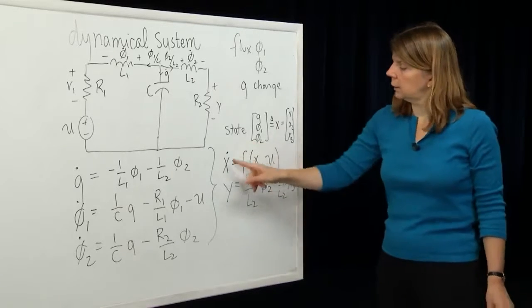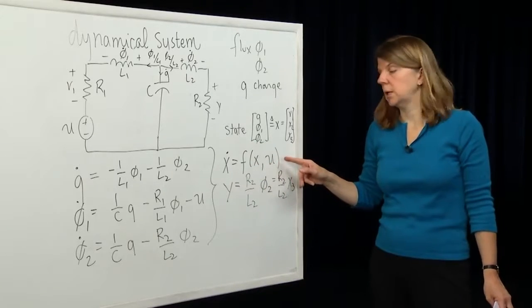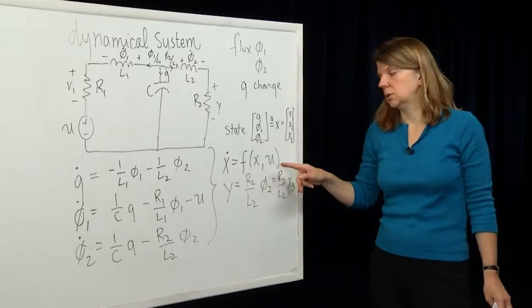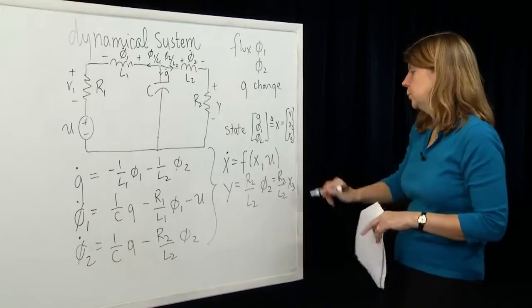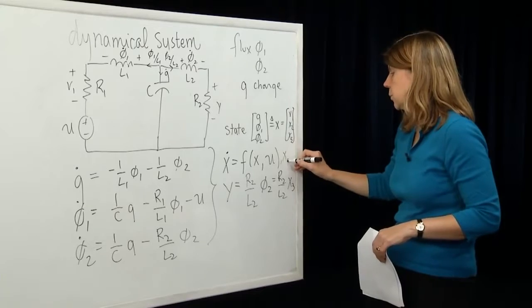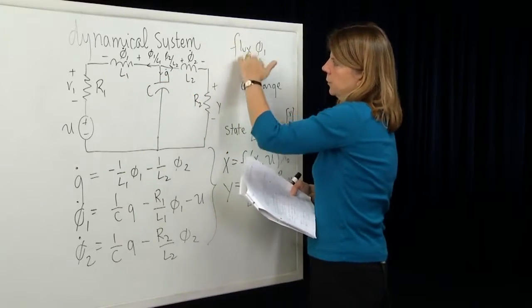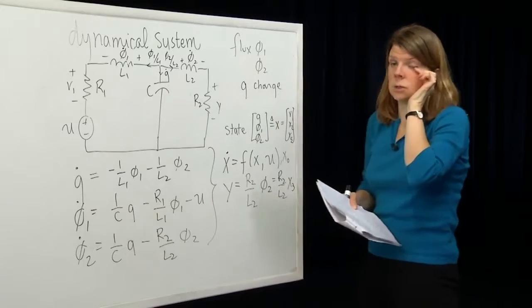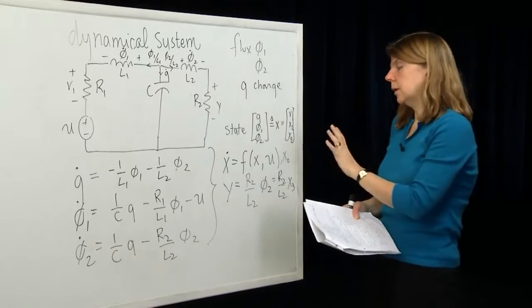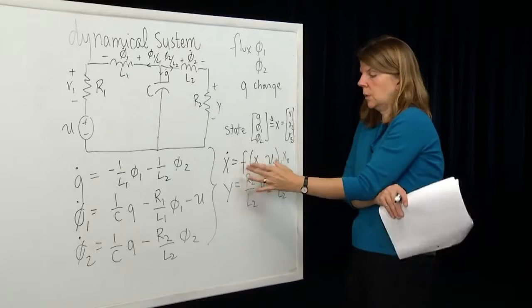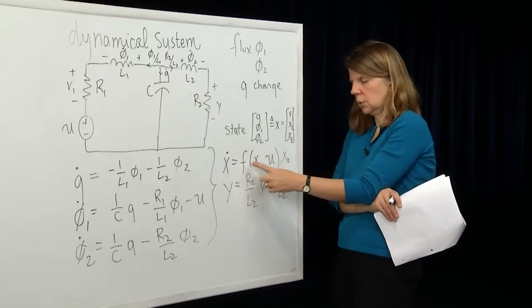Well, we don't have that here. What we have is a differential equation describing how the state changes. And we could assume that we're given some initial state, some initial value of fluxes and charge.